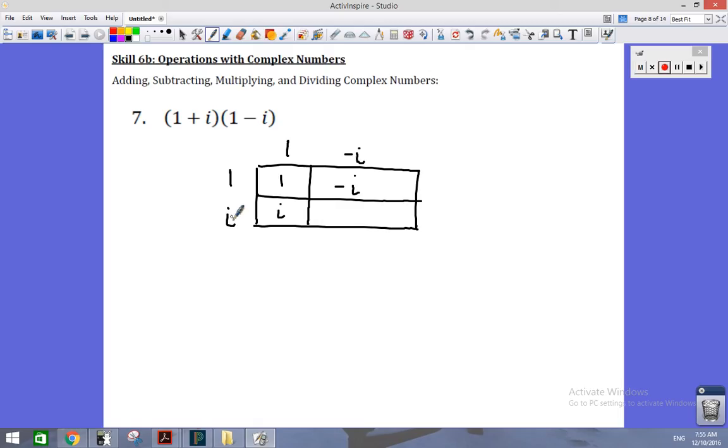Now here, a positive i times a negative i is negative i squared, but the i squared is negative 1, so the opposite of negative 1 is positive 1. So when I use my table to get my answer here, I notice that this diagonal, these are equal and opposite, those terms cancel, and I just have 1 plus 1, which is 2. Alright, so let's move on to the next one.